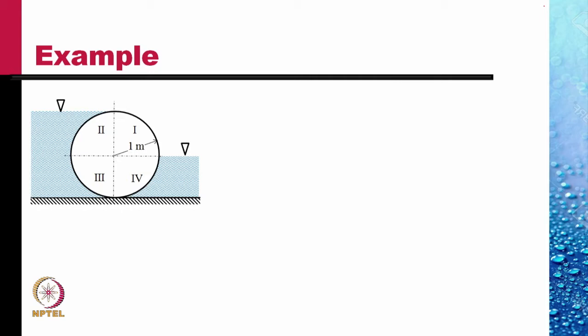On quadrant 1, there are no forces. Let us first look at the vertical force. On quadrant 2, the vertical force is equal to the weight of the water up to the free surface which is supported on that surface, which is shown as the blue area on this picture. On quadrant 3, the weight of the liquid that would be supported on quadrant 3 would be as shown.